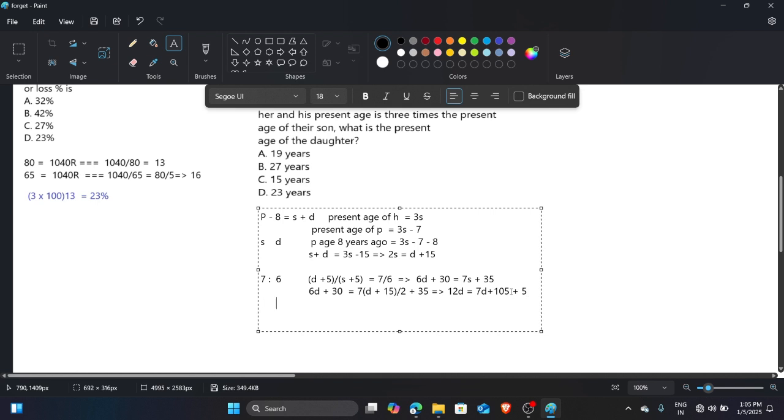Now 7 goes this side, and 7 minus 12 is what? I think 5, yeah, 5d. So only 5 is remaining, and this is 105. 105 plus 5 is 110. It is equal to 5d equals 110, and remaining 10 and 5.